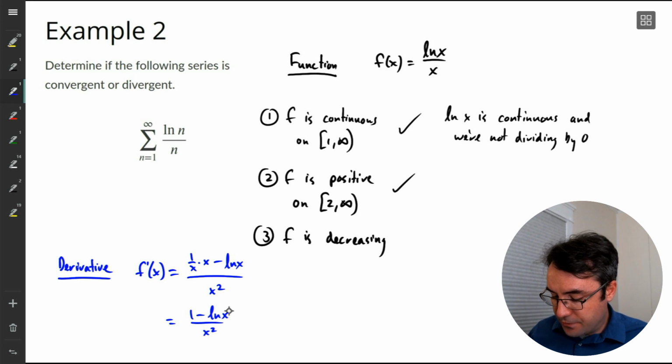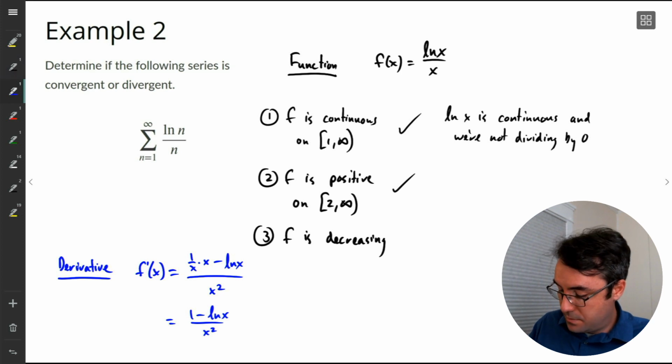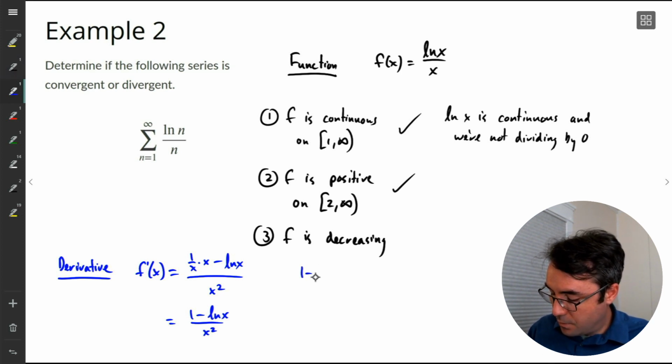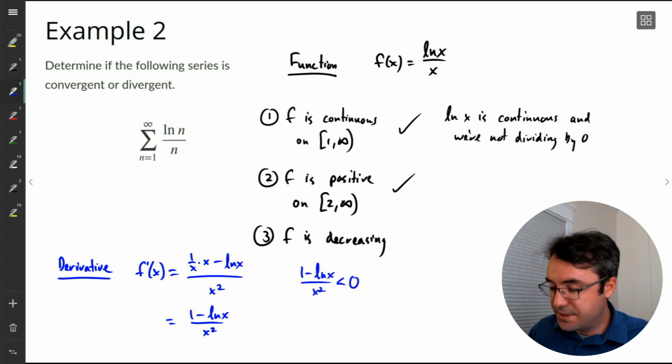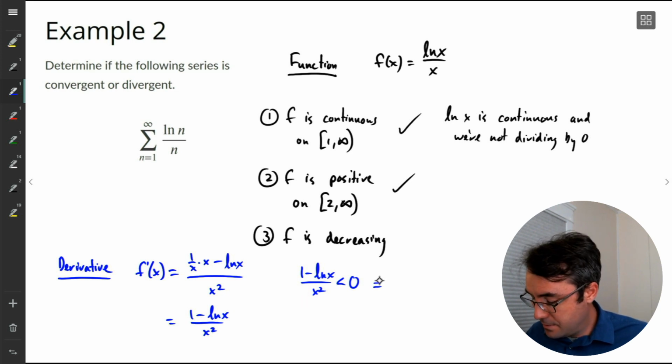And we want to figure out, where is this derivative negative? So we want to know, when is 1 minus the natural log of x over x squared less than 0? And really, this division by x squared, x squared is a positive number, so that's not going to influence us in any way.